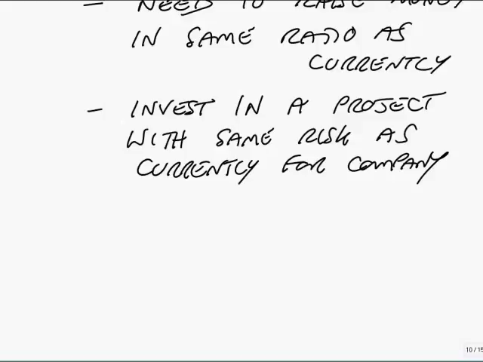No, for the rest of the day, can we forget gearing completely? Assume our company's equity financed. What I'm now interested in is how can we measure how risky a project, a company is?